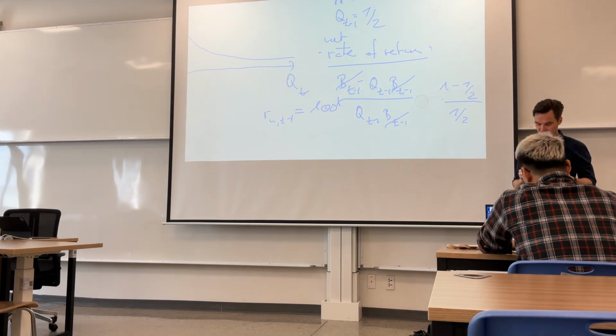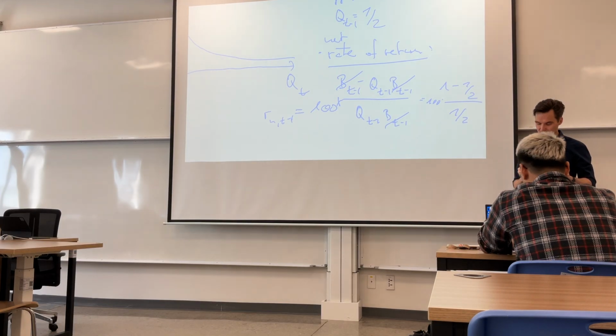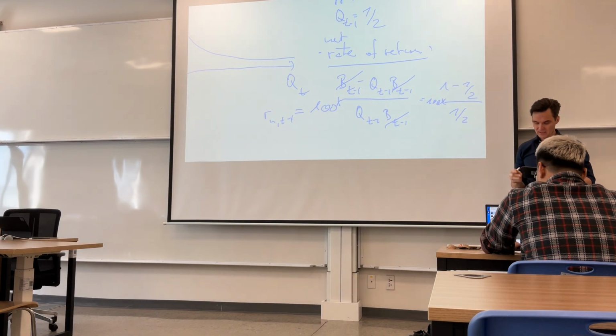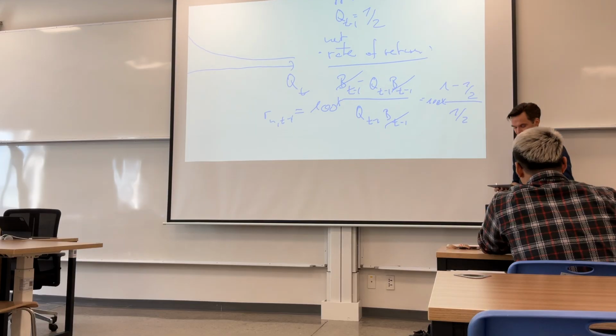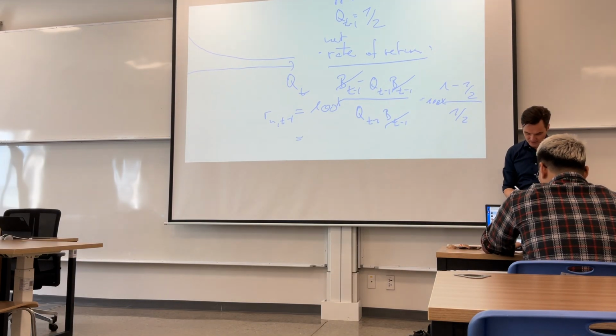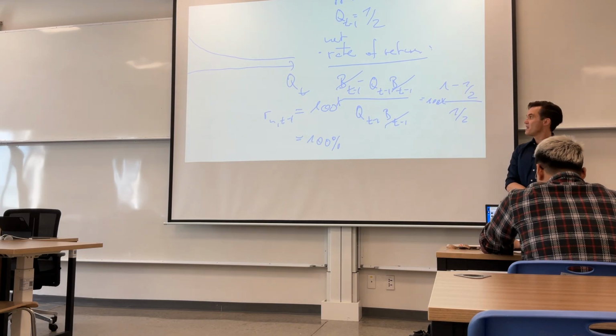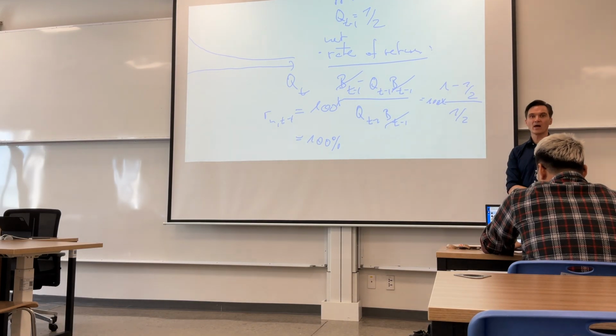It's up here. So that is equal to 100 times this object. Okay, so that's the net rate of return. And what is this? This is equal to 100%. So the net rate of return is 100% in this example.